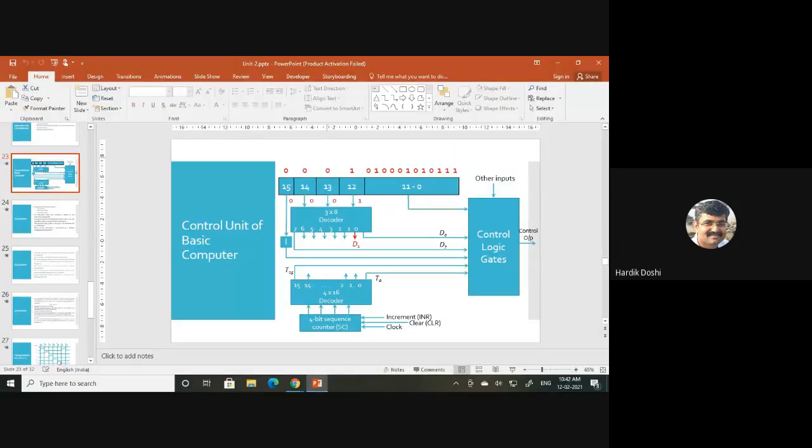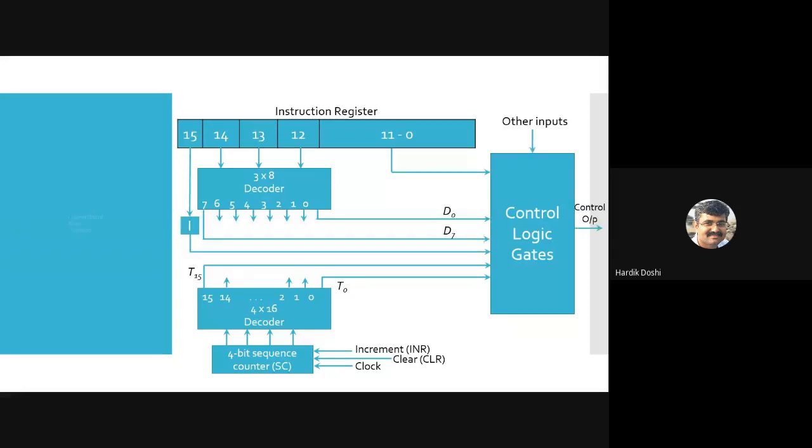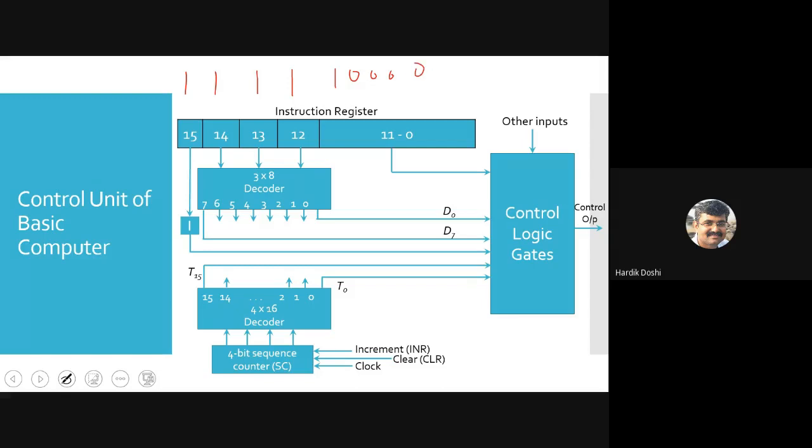Okay, let me give you one more example. What if I give the instruction 1 1 1 1 1 0 0 0 0 0 0 0 0 0 0 0.